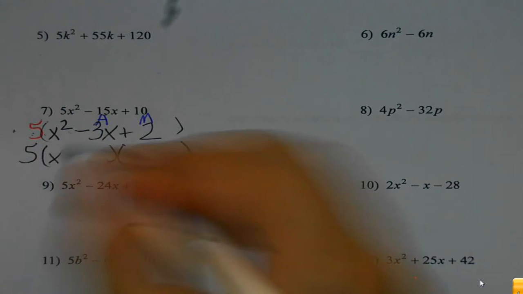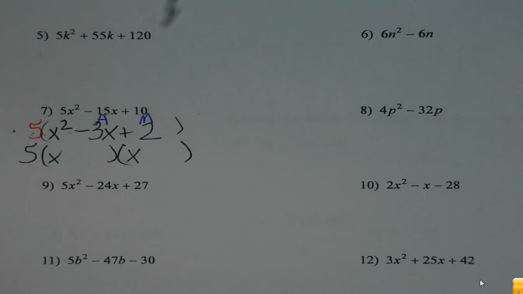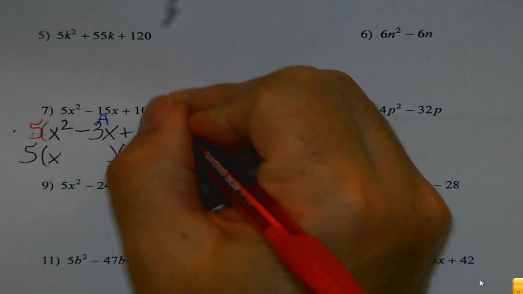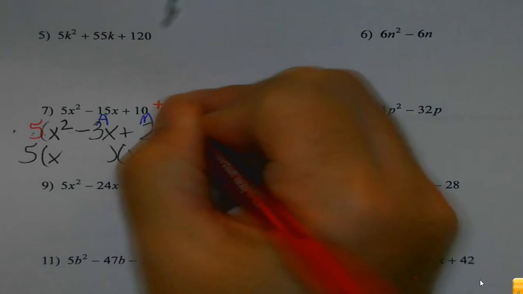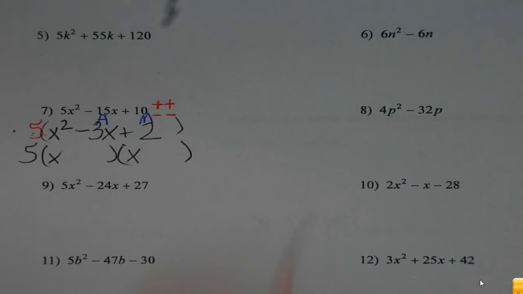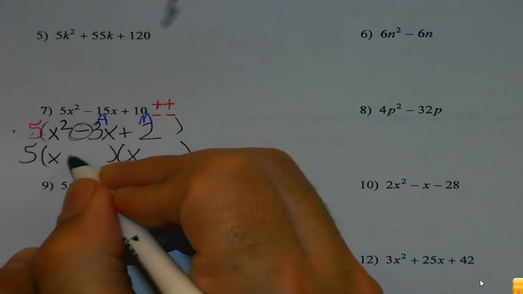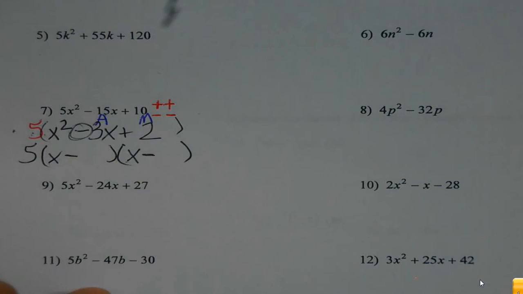So, I start to peek and I go, multiplies to a positive. One of two things. They're either both positive or they're both negative, because that's the only way I can get a positive product. So how do I figure it out? I look at the sign in the middle. So since it's negative, these will both be negative.